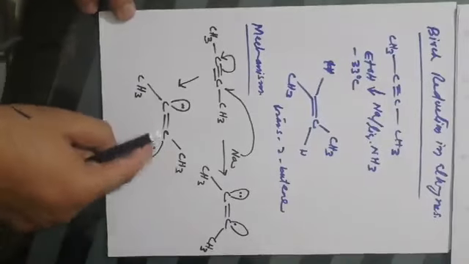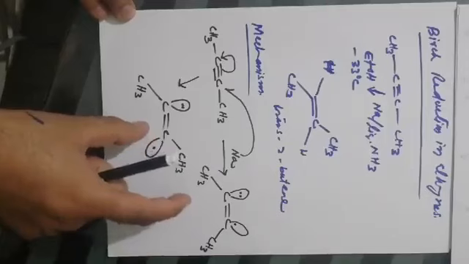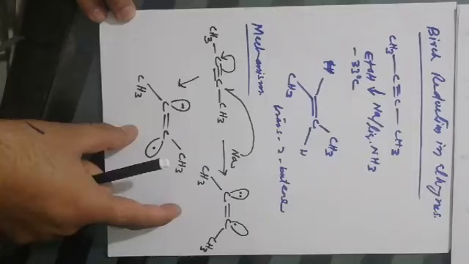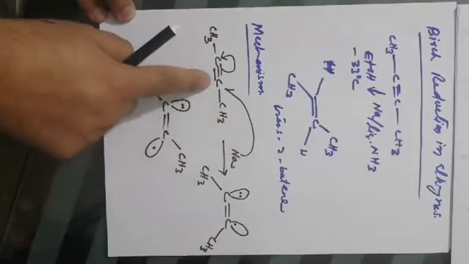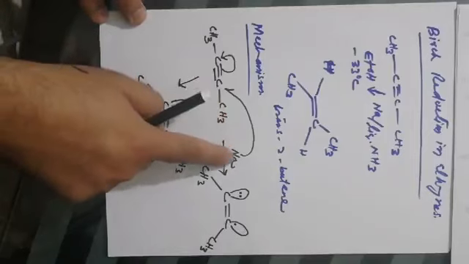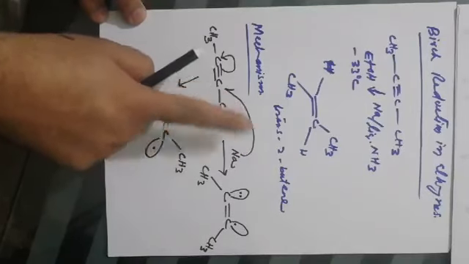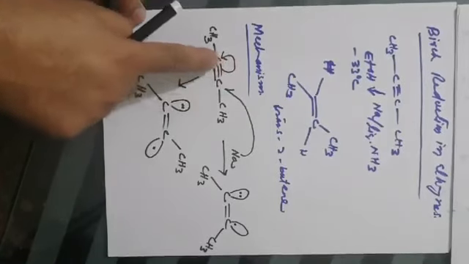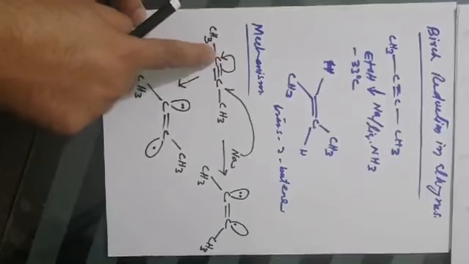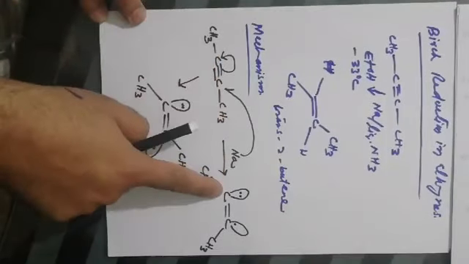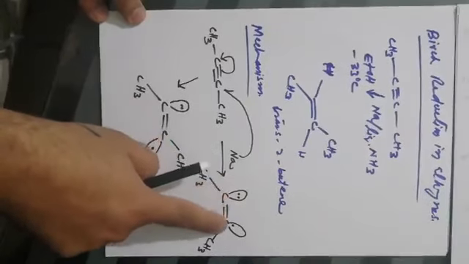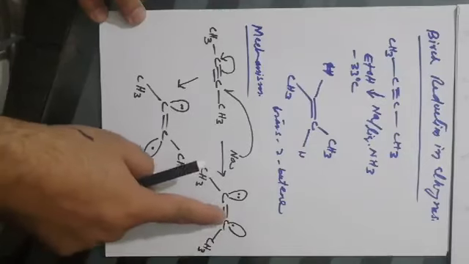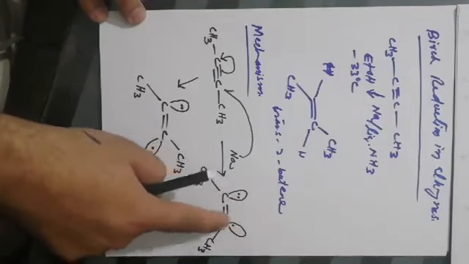Now you will have to compare which is the more stable intermediate that is obtained when single electron transfer occurs. I repeat, when sodium transfers a single electron to this carbon, this bond moves on this carbon, a pair of electrons is here, a single electron is here. So you could ask why this is so, that both are in the same direction.